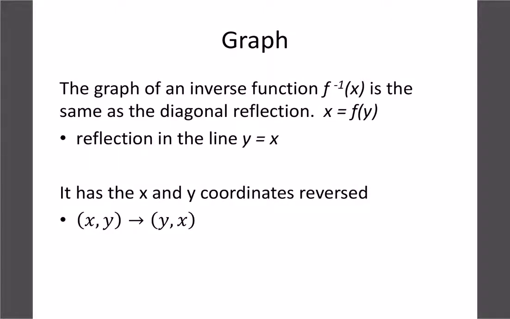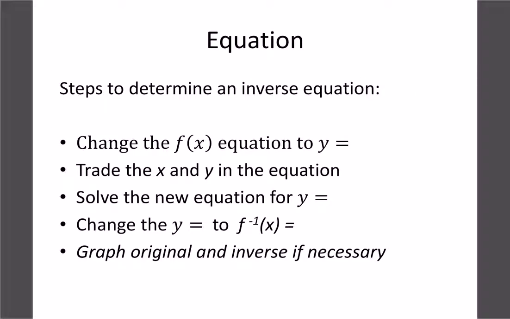In terms of the graph, the inverse function graph is exactly the same as the diagonal reflection that we did earlier. Because it's just getting reflected across that y equals x line, it is just a flip of the coordinates. So you can write it as x equals f of y, or you can write it as f inverse. They both do the same thing. The diploma expects you to understand both, so we have to be familiar with the two different notations.